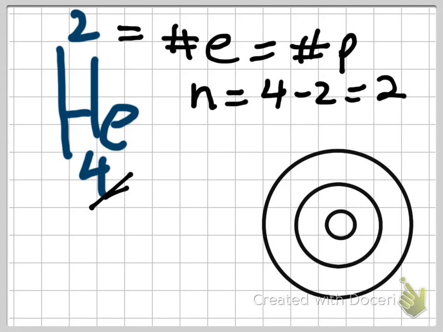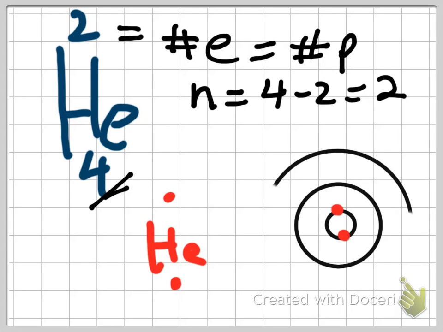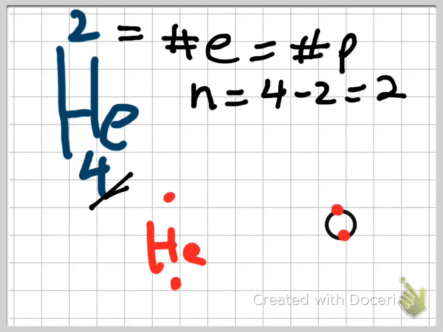We're gonna go ahead and put the electrons on here, and we have 2 electrons. And for helium, the Lewis structure would look something like that. It's gonna take away the 2 other orbitals that we don't need, and it should look like that.